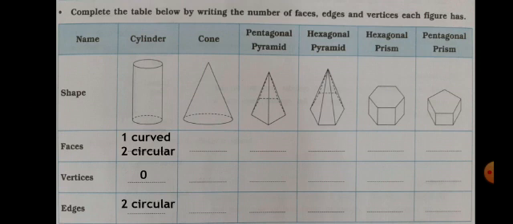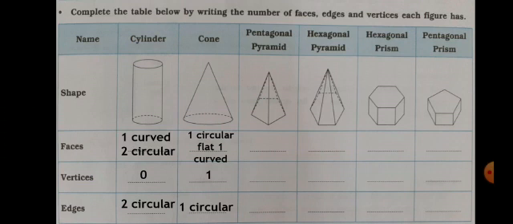It has two circular edges. Next is cone. A cone has one circular flat surface and one curved face. One vertex, that is the apex, and one circular edge.